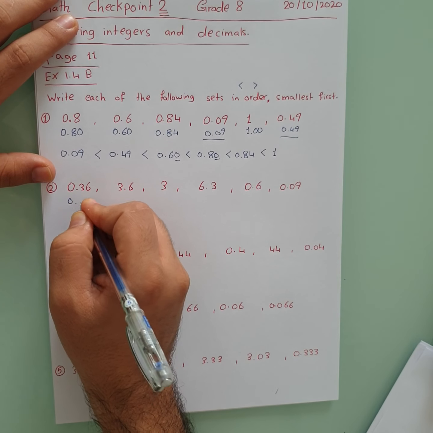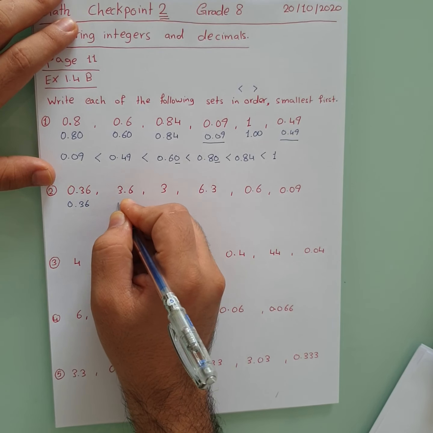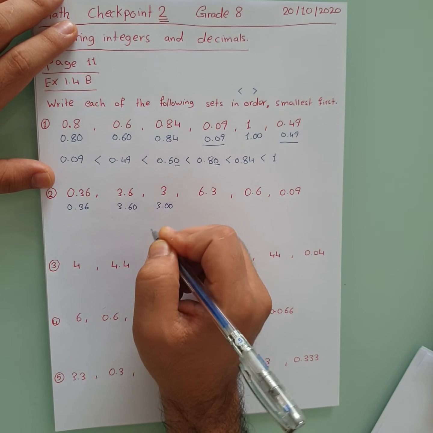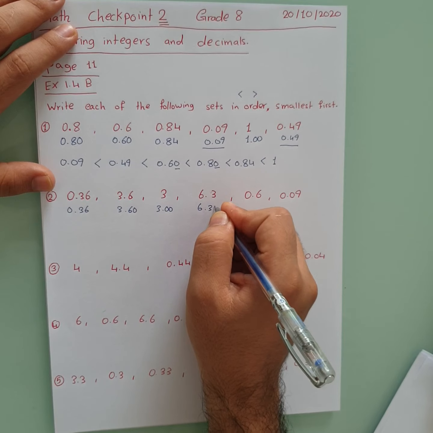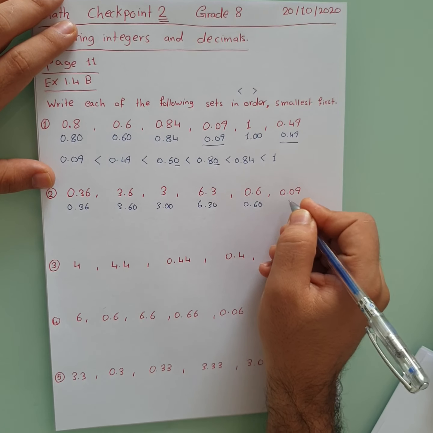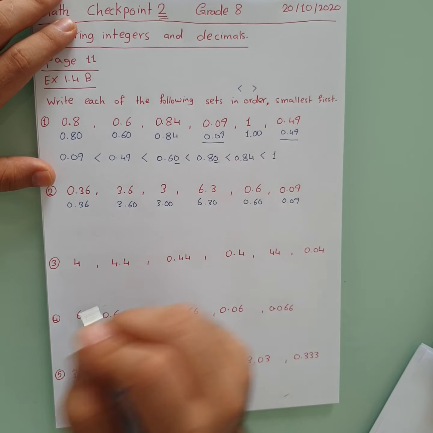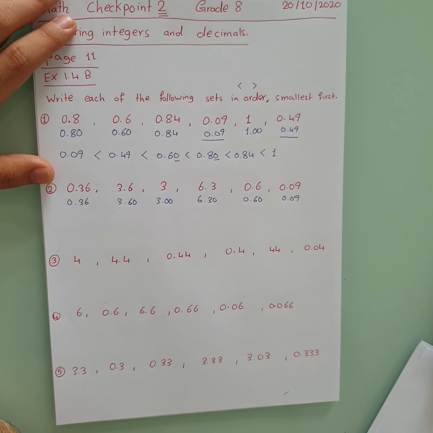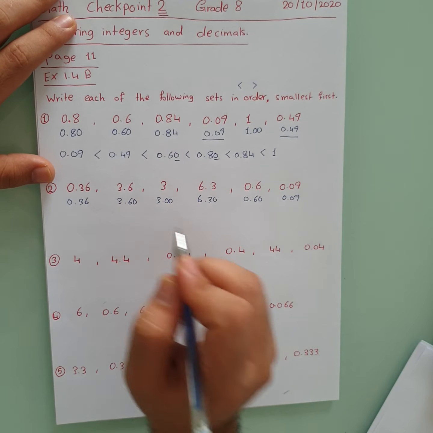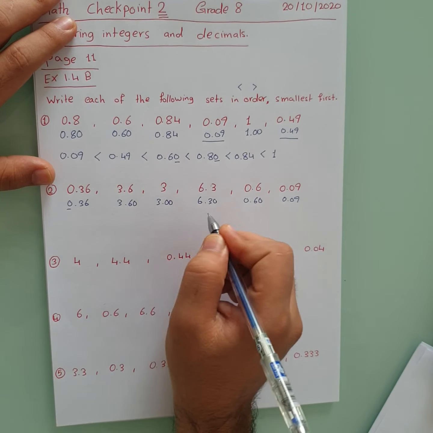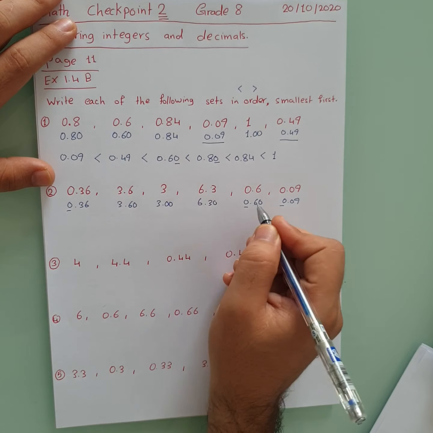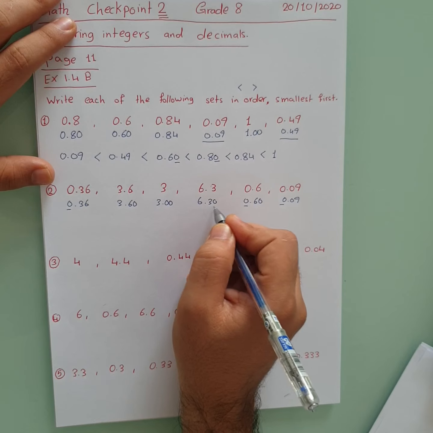So this one is the same, 0.36, this is 3.60, this is 3.00, this is 6.30, and this is 0.60, and this is the same 0.09. We should know that we have 0, and then we have 3, and we have 6. So this one should be the last one.